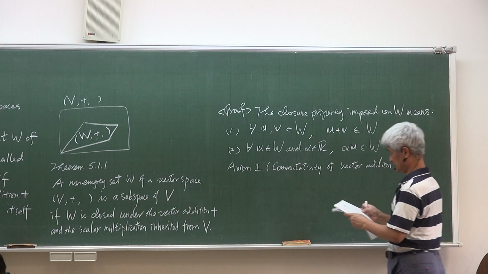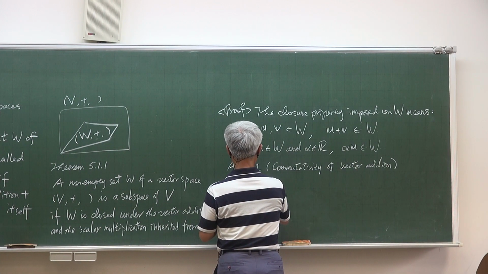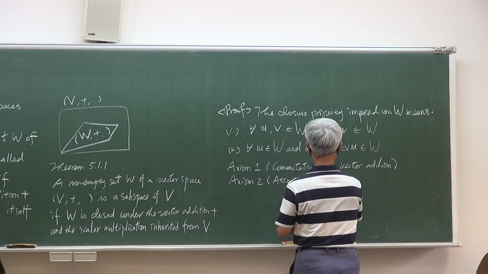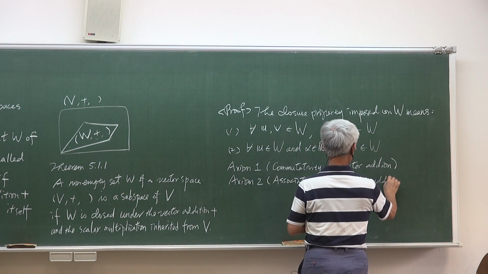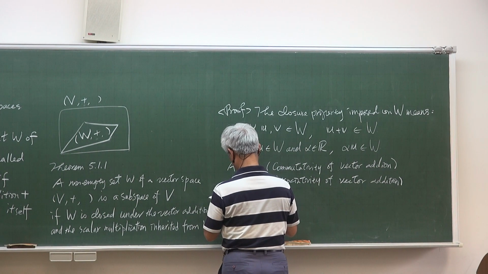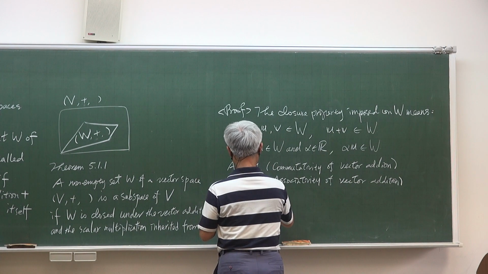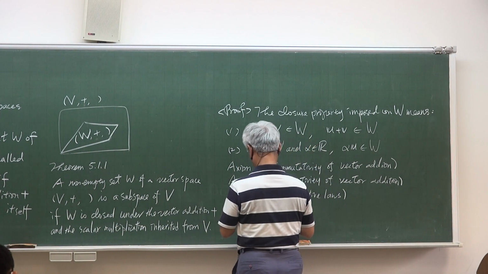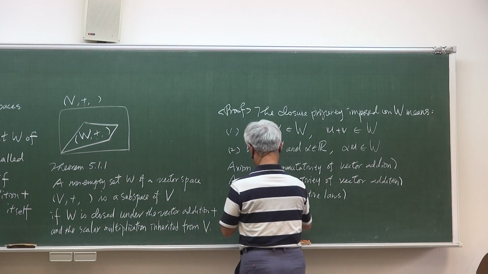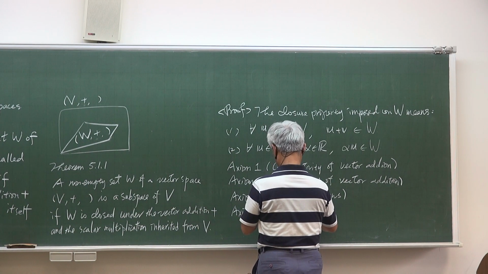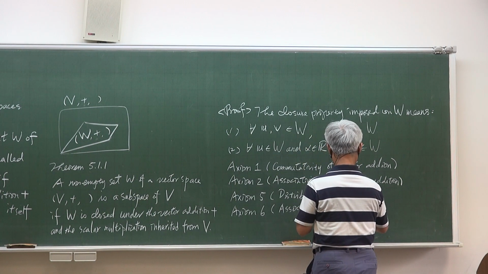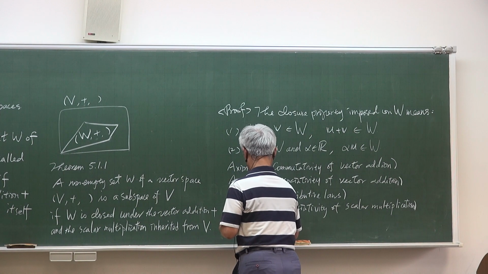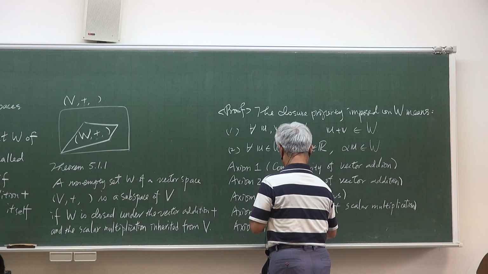Axiom 2 is associativity of the vector addition, and axiom 5 the distributive laws, and axiom 6 associativity of scalar multiplication, and axiom 7 the unitary property.